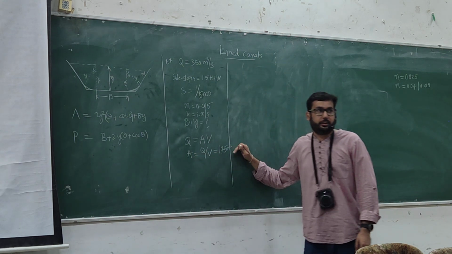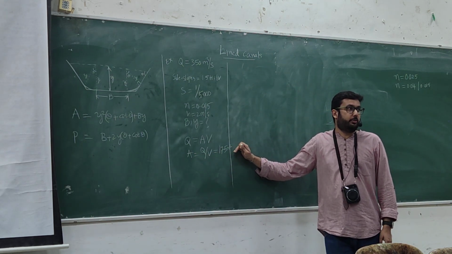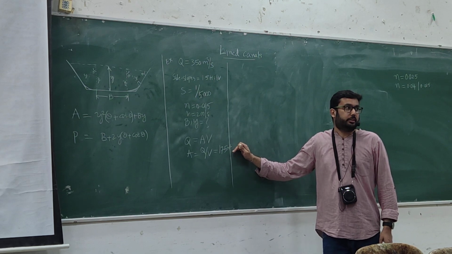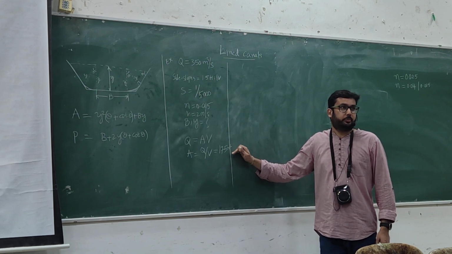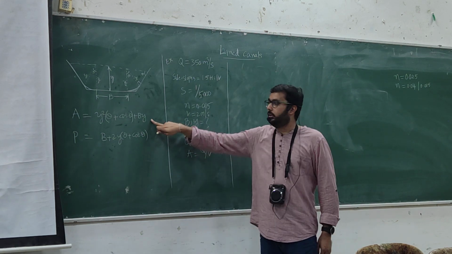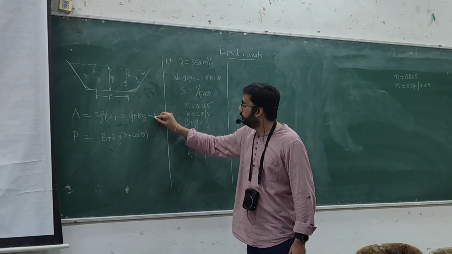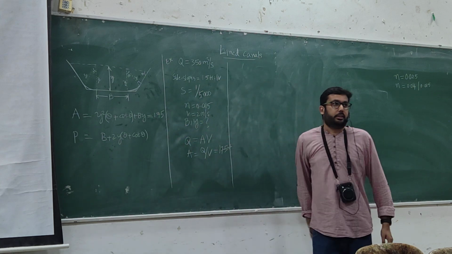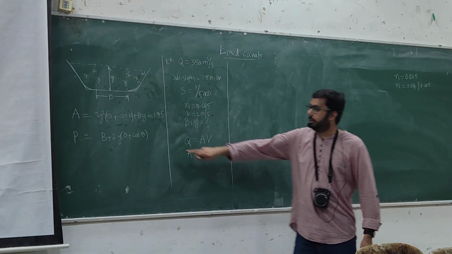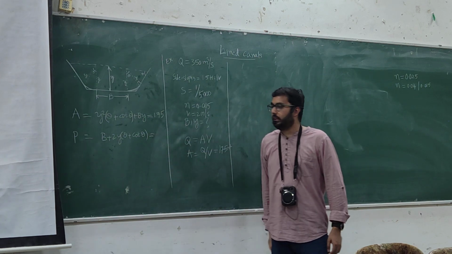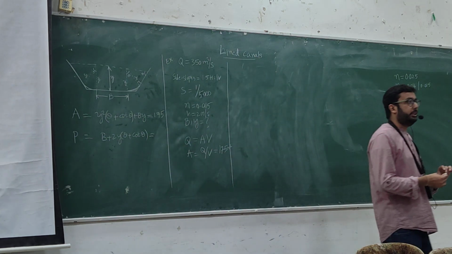And so we got the area. Do we have one equation? So we have one equation, 175. Now we need to find the other equation. What is this equal to? And how do we find the wetted perimeter?